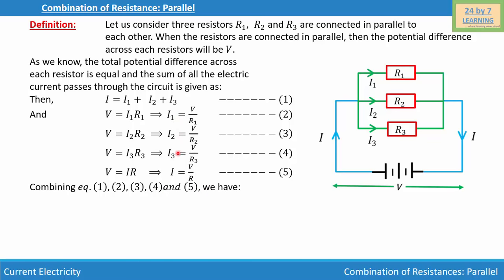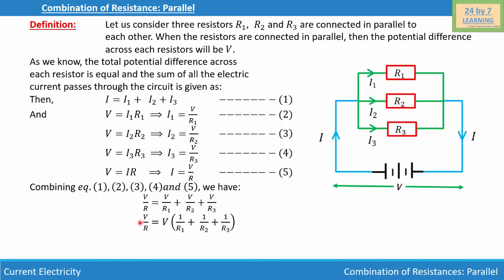I1, I2, I3 and I in equation number 1, and if I do that, I will write V over R is equal to V over R1 plus V over R2 plus V over R3. Now let's take the common term, which is V, and if I do that, I will write V over R is equal to V, which is common, and inside the bracket I have 1 over R1 plus 1 over R2 plus 1 over R3.